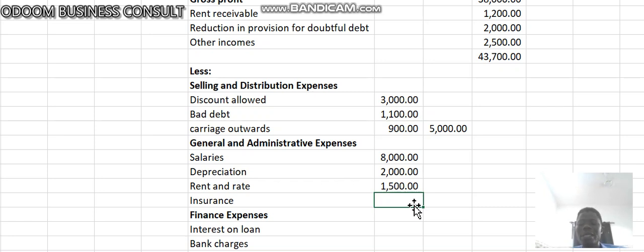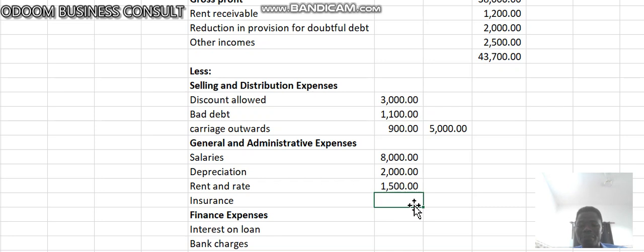Insurance. The company, or the entity, is required by law to insure assets such as a car. When you buy a motor vehicle or a car, you have to insure it. It's compulsory. It's by law that you have to insure your assets. So when you insure these assets, that cost becomes a business expense, and it is also charged under the general and administrative expenses.